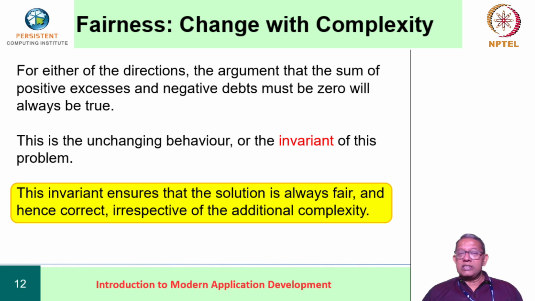The argument that the sum of the positive excesses and the negative debts must be 0 will always be true. This is the unchanging behavior, or invariant, of this problem. In fact, this invariant ensures that the solution is always fair and hence correct irrespective of the additional complexity.